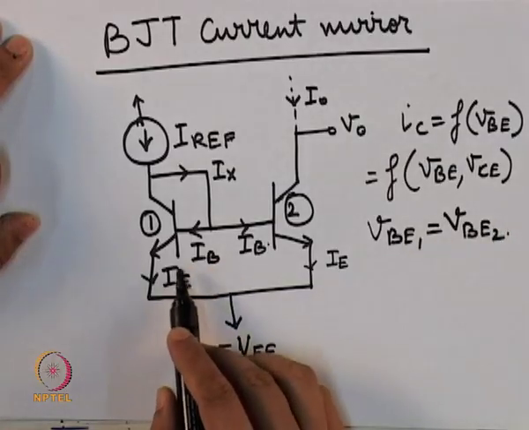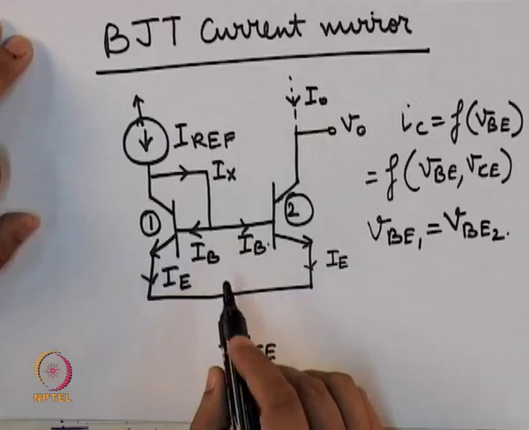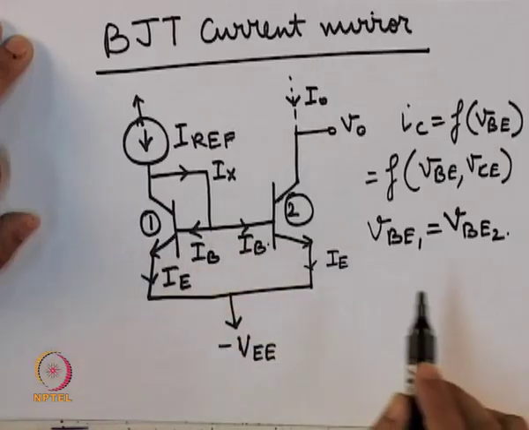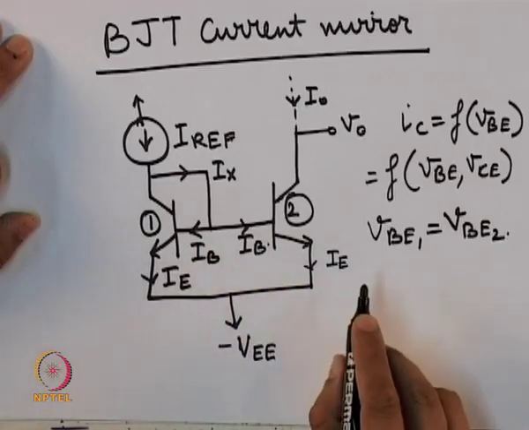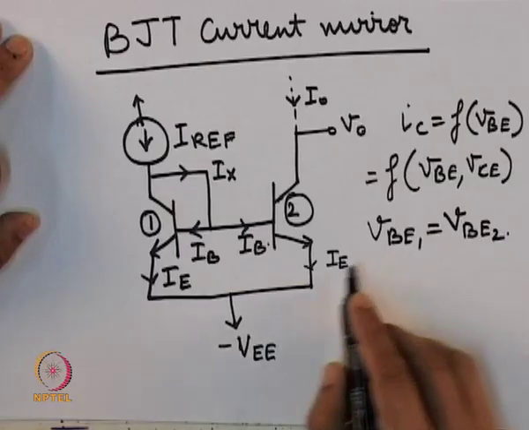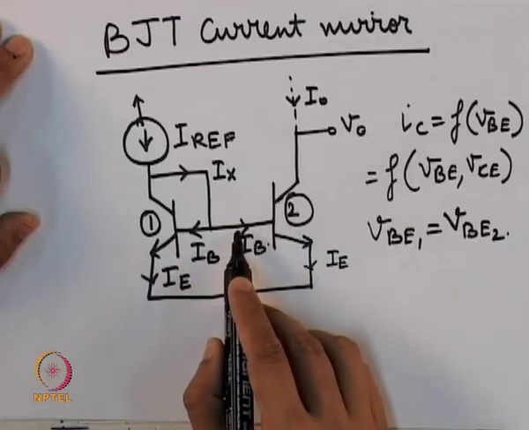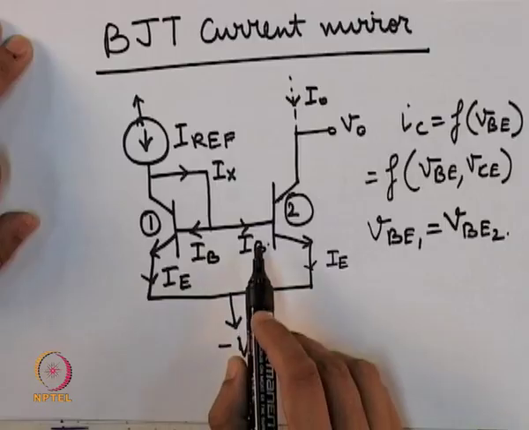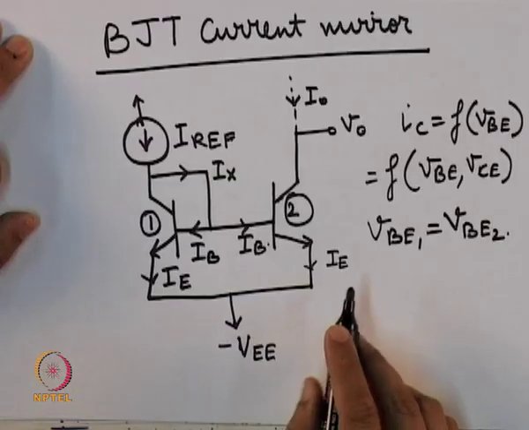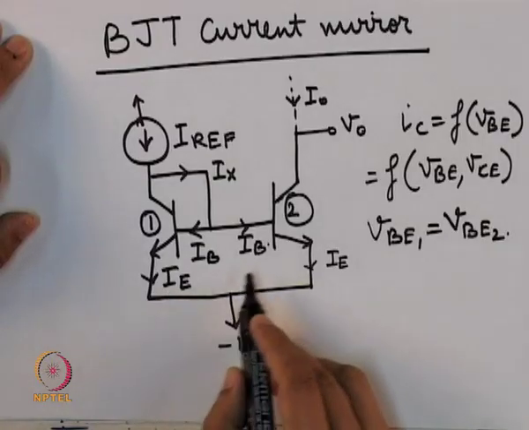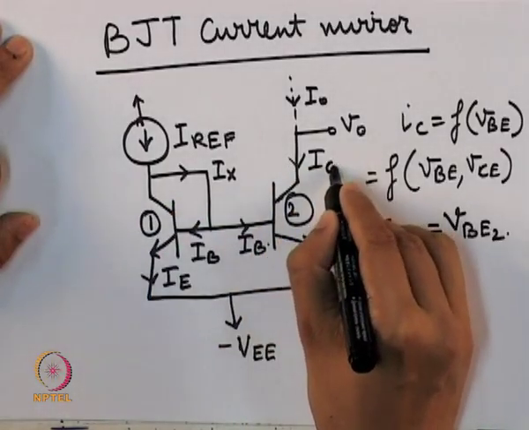Hence, the respective currents in the various terminals of both transistors will be the same. That is why we have the same current IB flowing through the base of both transistors. Of course, these two transistors are identical, and so will be the emitter currents and also the collector currents.